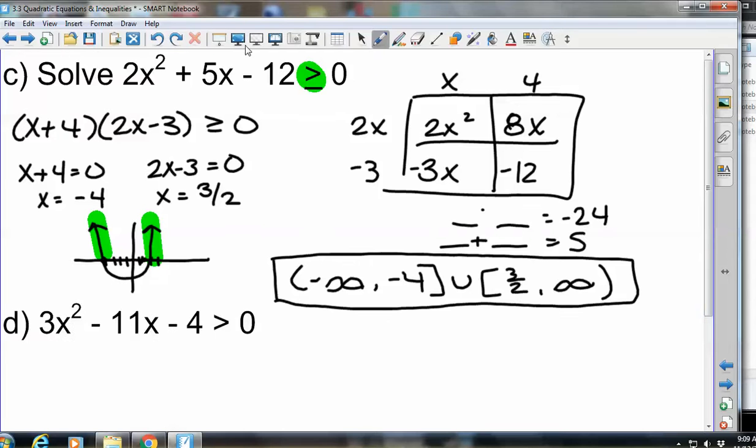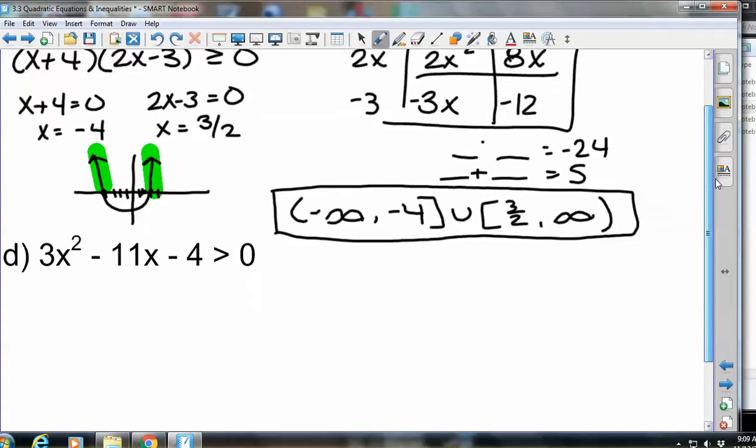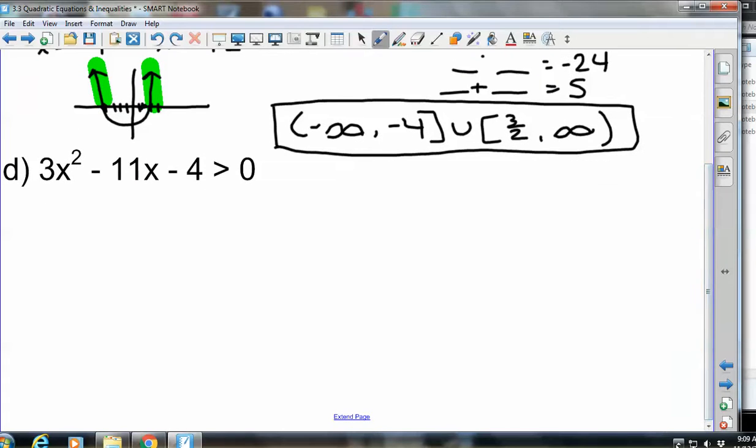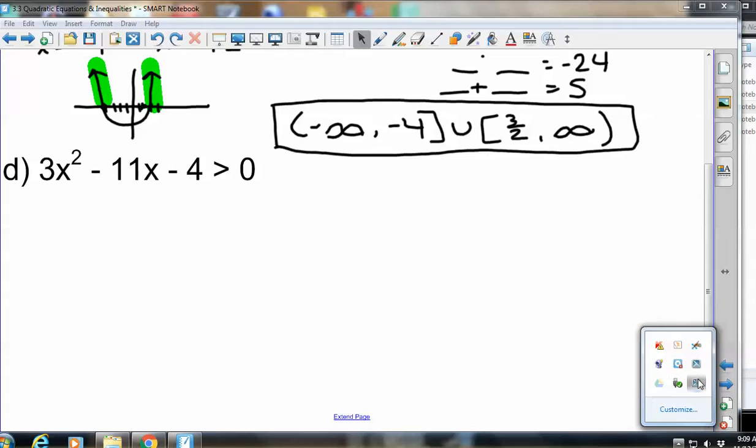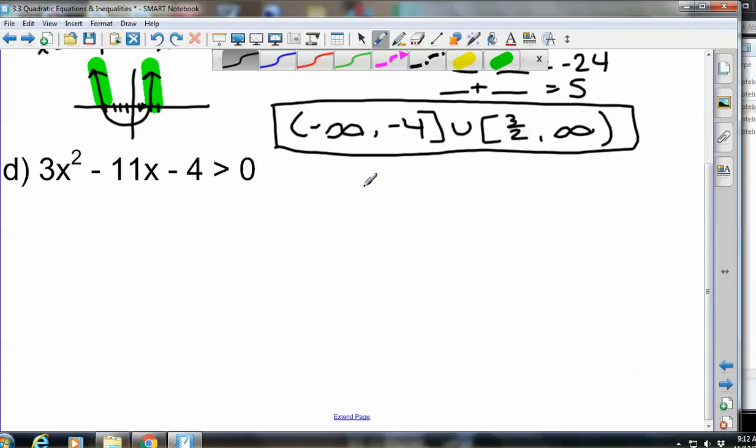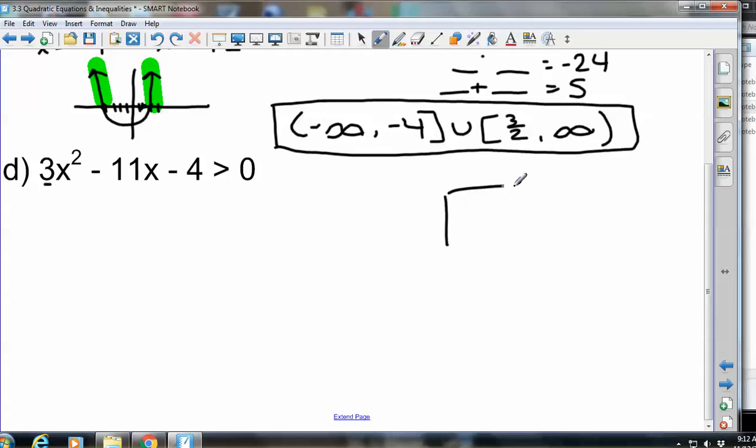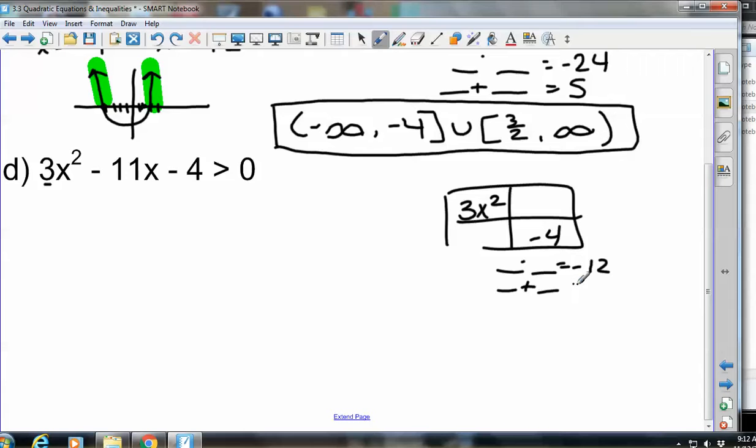I want you guys to do one like this. So it's not a 1x squared, so you have to do the full box method. Multiply to a negative 12. Add to a negative 11.